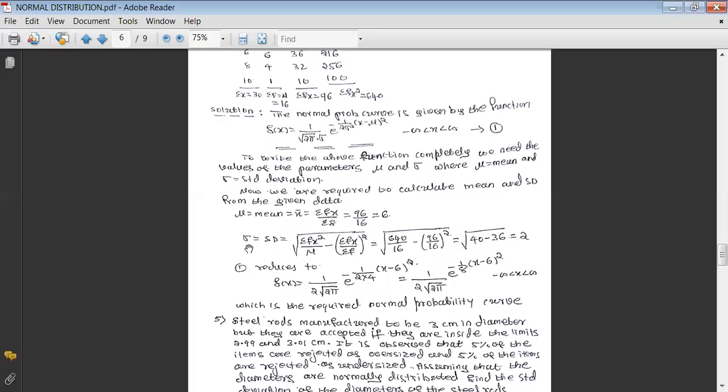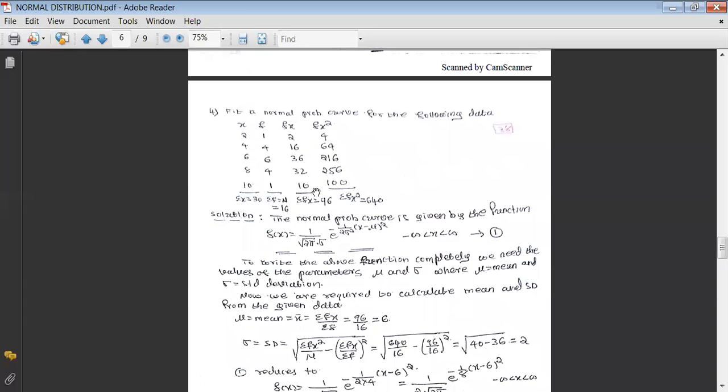And the standard deviation sigma, for a discrete distribution, is given by the square root of summation fx square divided by N minus summation fx divided by summation f, whole square. In order to get summation fx square, first you have to calculate fx square. Already fx is calculated; once you multiply by x one more time, you get fx square.